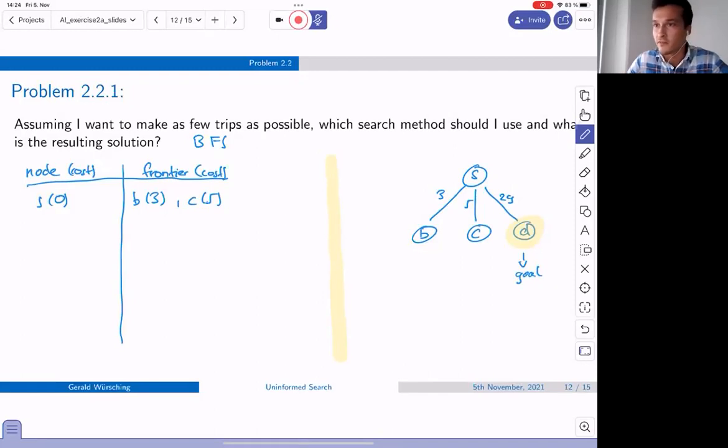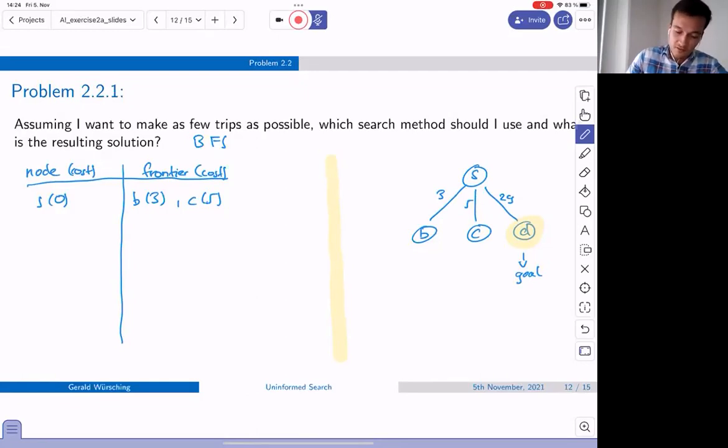Somebody said BFS disregards costs. So yes, we don't use costs in this case. The only reason I added costs here was because, sorry, this is not written in the question. We basically always want to find out for the different algorithms what the resulting cost would be theoretically, but we don't use the cost.